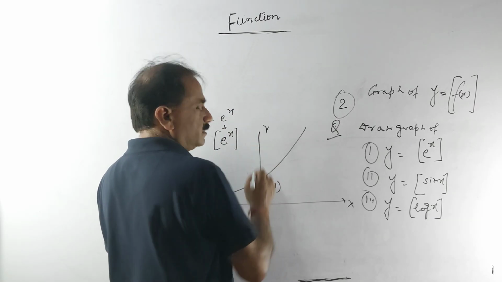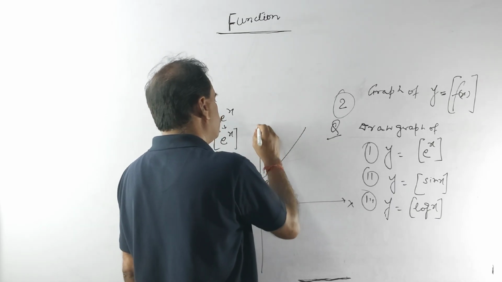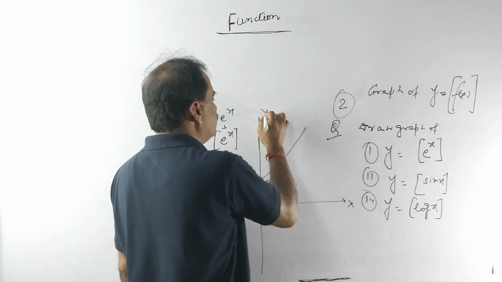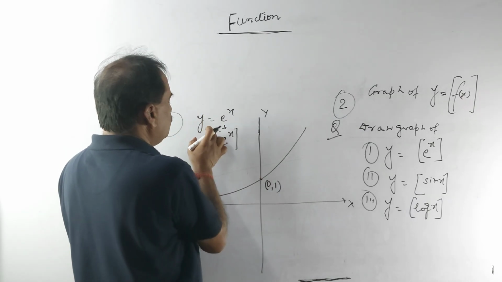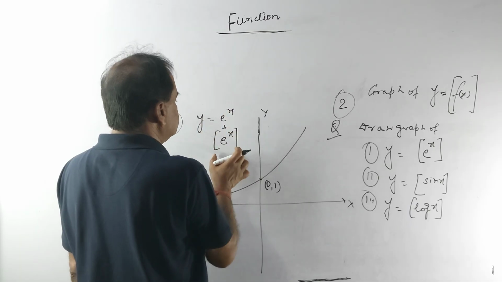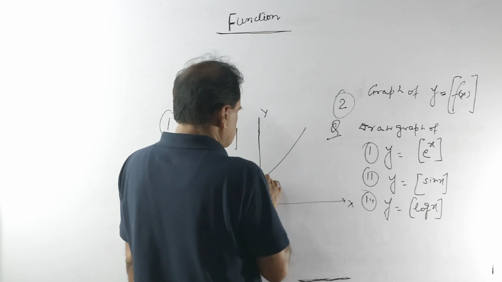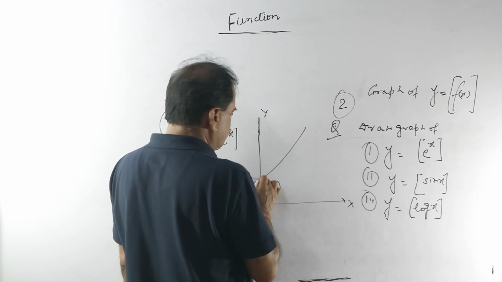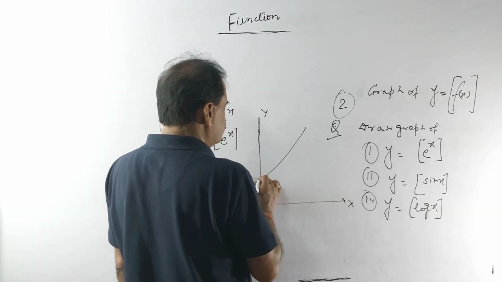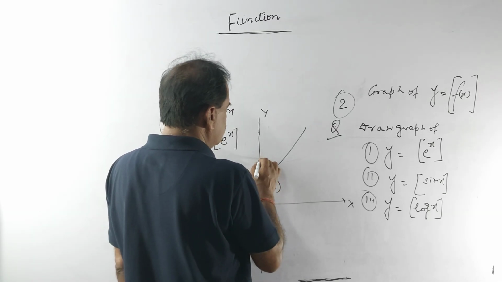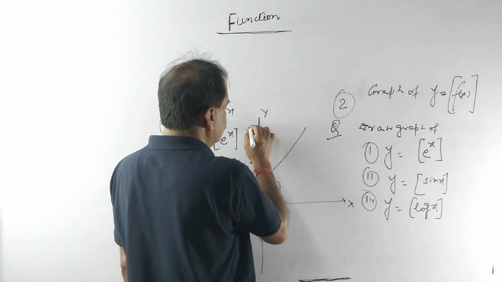Here we take the integral points on the y axis, because the right hand side is an integer, so y must be an integer. Therefore we take integral points on the y axis: this point is y equal to 1, this is y equal to 2, this is y equal to 3, and this is y equal to 4.